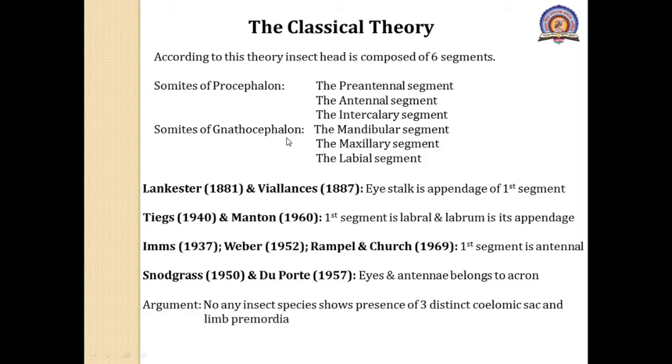In the case of the gnathocephalon, obviously there is no controversy. All have accepted it consists of 3 segments, namely the mandibular segment, maxillary segment and labial segment, and in the adult condition they are represented by a pair of appendages, that is the mandibular appendage, then the maxillae and labium.